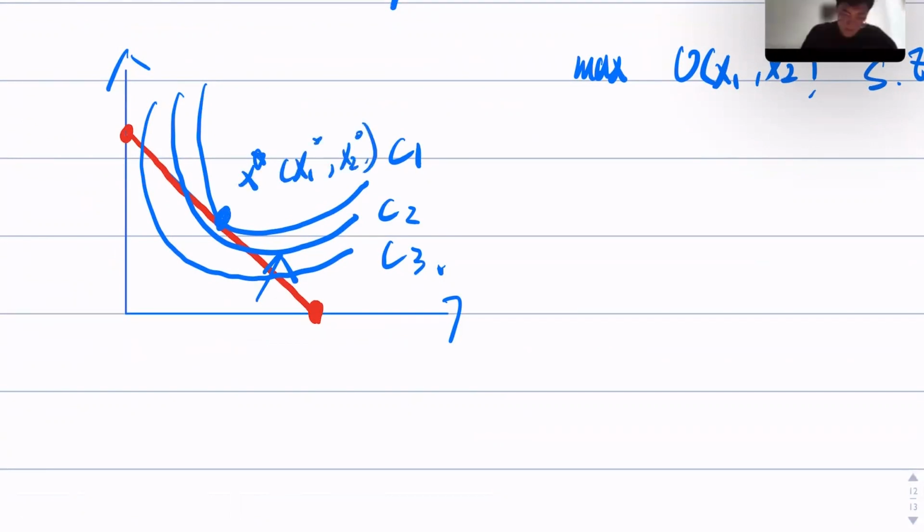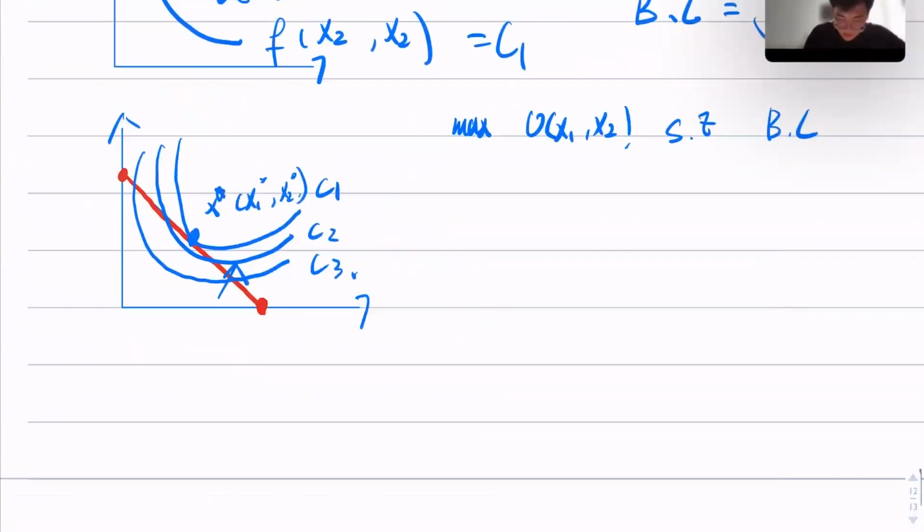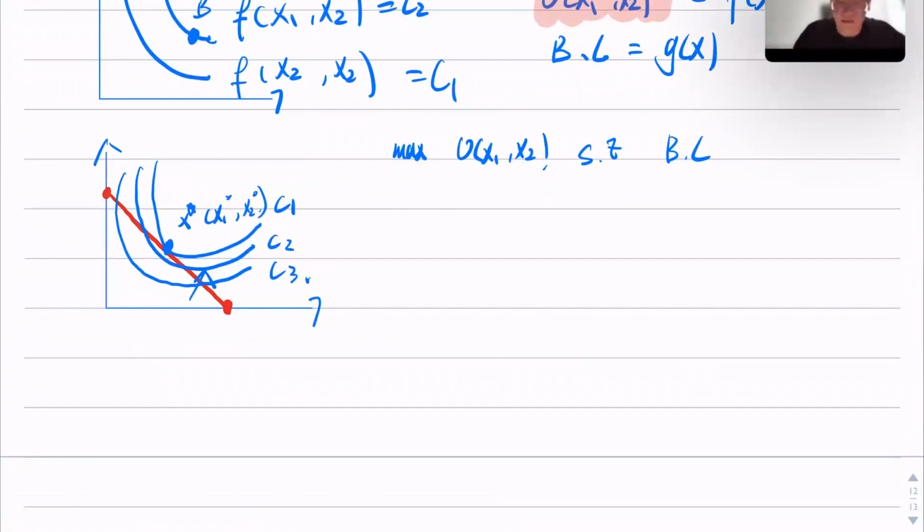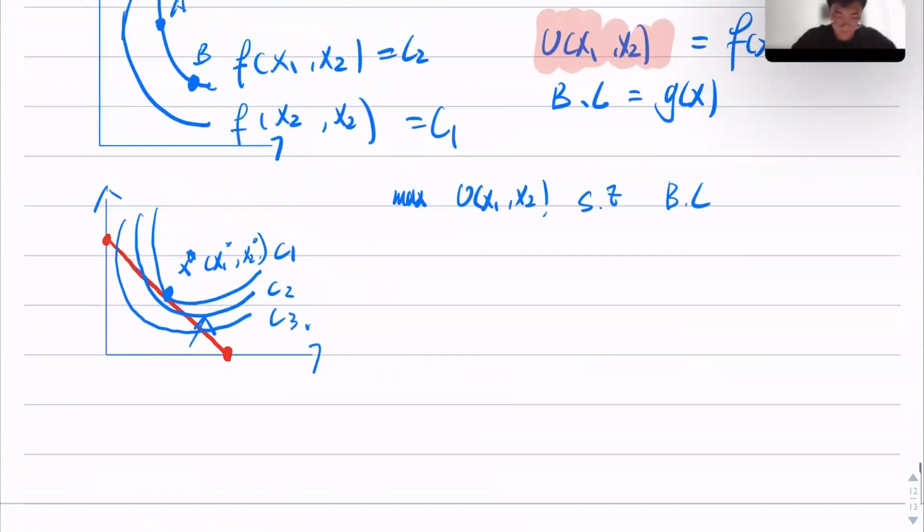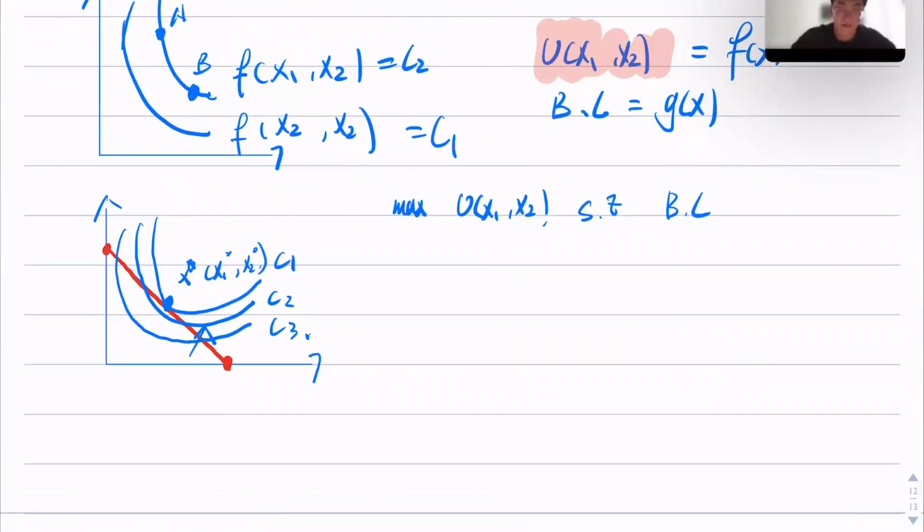At this bundle, it is possible to achieve because it's within the budget constraint, and it is also the greatest utility that the consumers can get. So this is a really good explanation of how economics fits into Lagrange method questions.